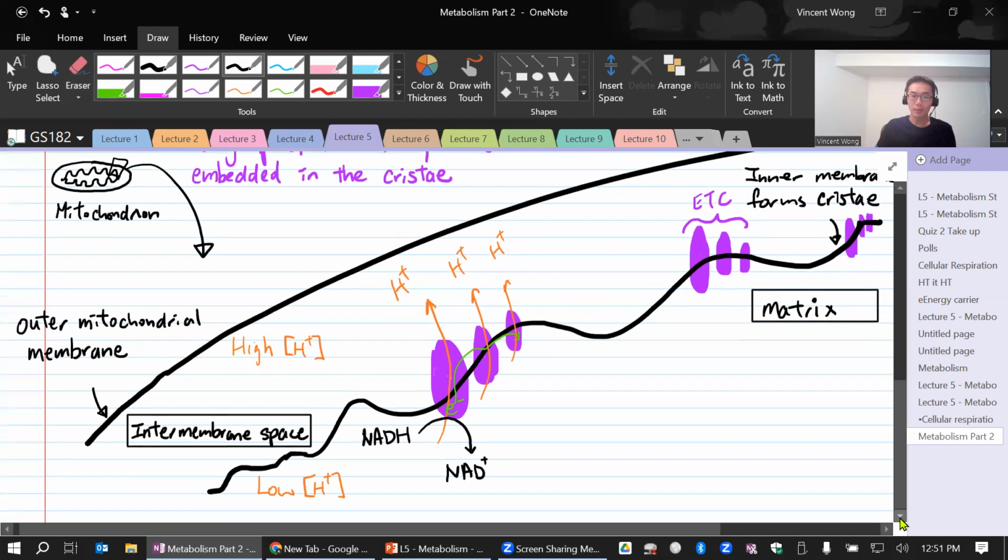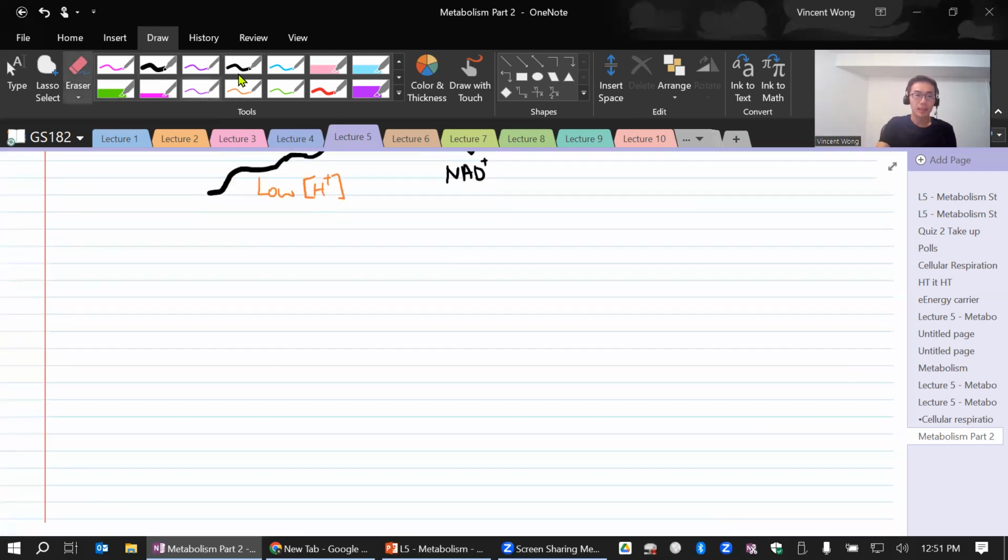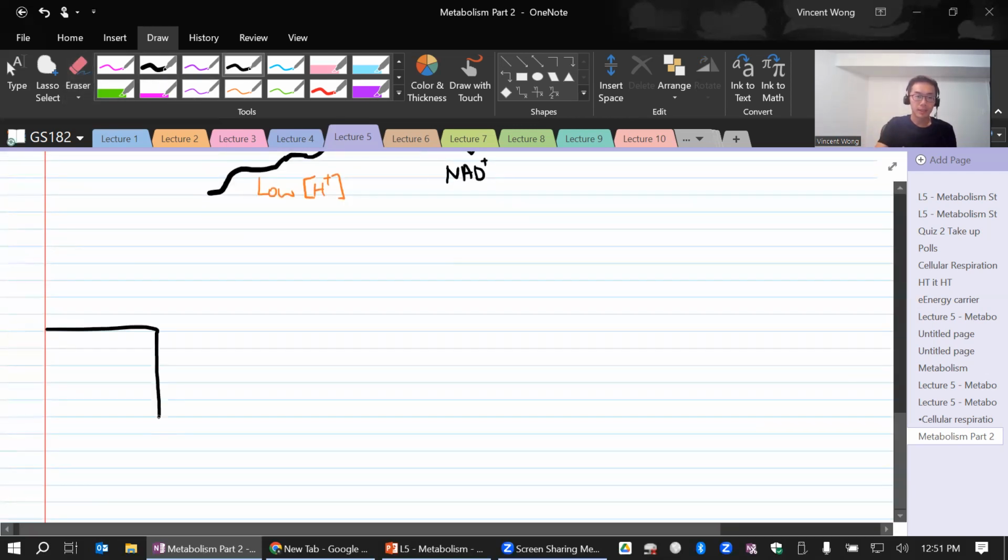So I want you to think about it like this, right? Like there is a waterfall, right? Waterfall coming down, okay? And what happens is we build a wall, we build a dam. So the dam will prevent the water from falling down, and then the water will build up, right?